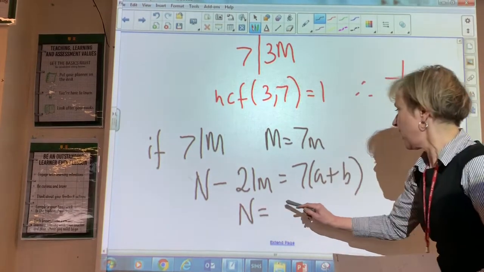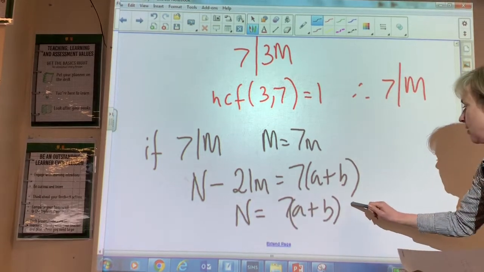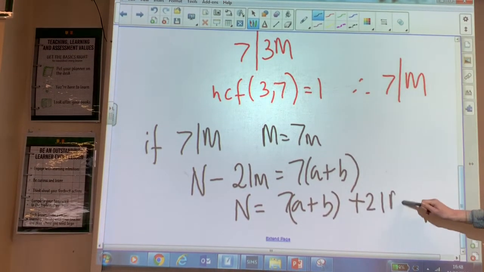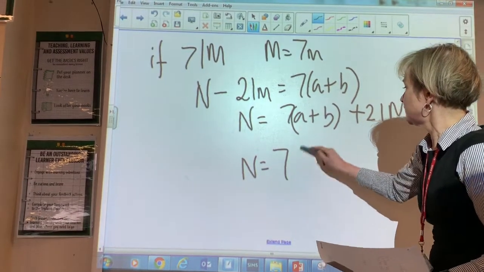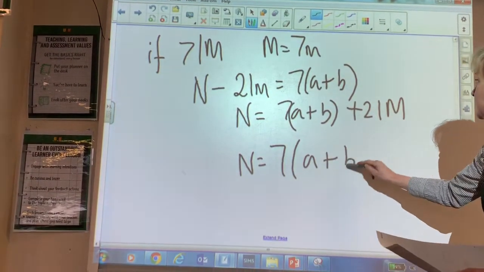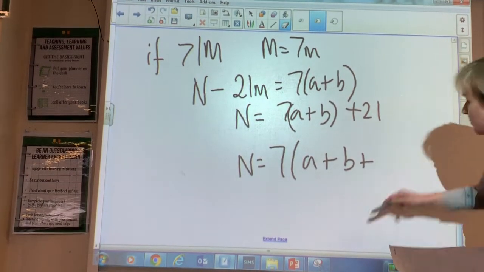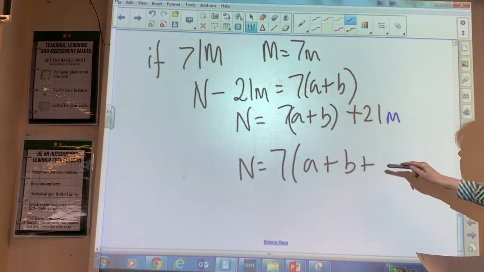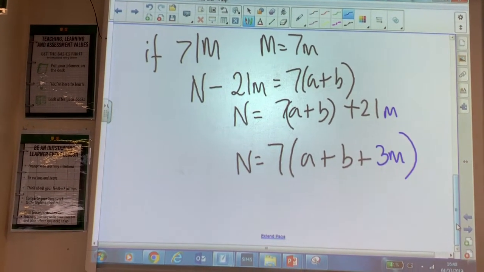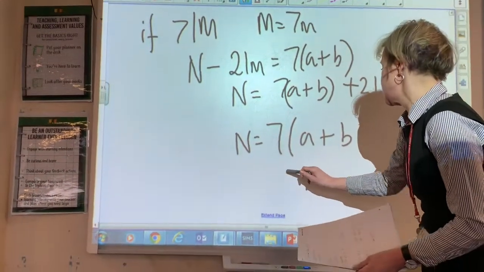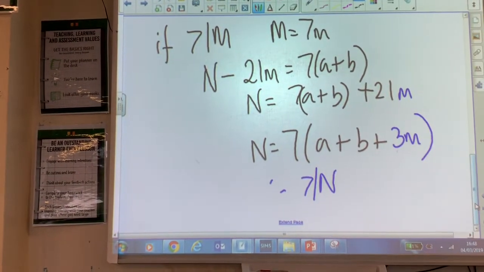So n is 7a plus b plus 21m. Sorry, my capital Ms became lowercase m, so it's 3m. So you can instantly see there that n is divisible by 7.